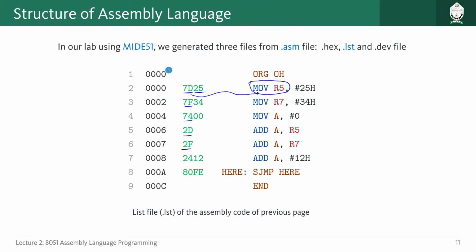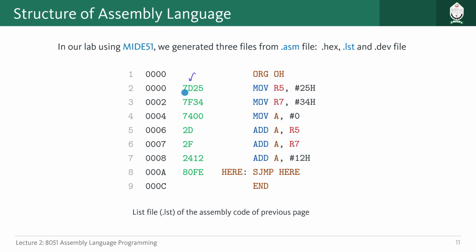Then this data will be sent to the CPU. The CPU will send this address through the address bus to the ROM and fetch the data stored on the 0000 location, which is 70. After that, this 70 will be sent to the CPU with the help of the data bus.